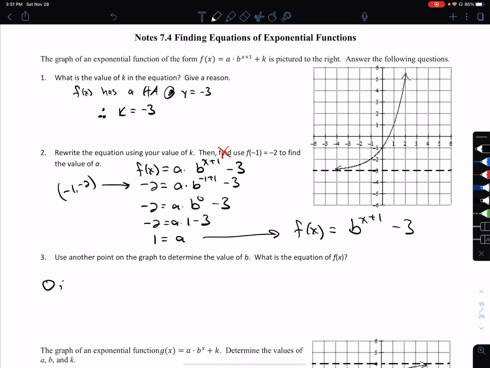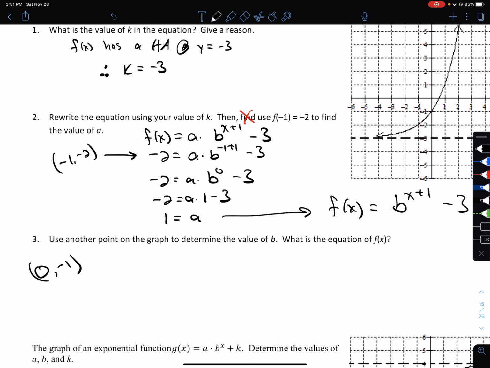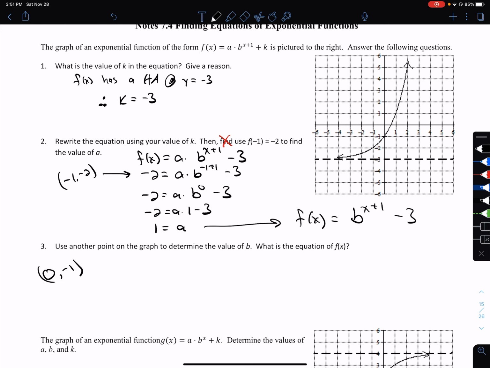So the directions say use another point on the graph to determine the value of b. So we're going to have f of x equals b to the x plus 1 minus 3. We're going to replace f of x with -1. Don't know what b is.